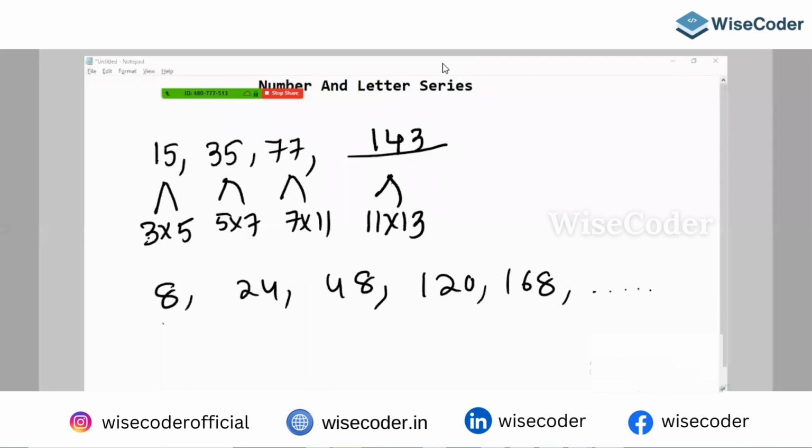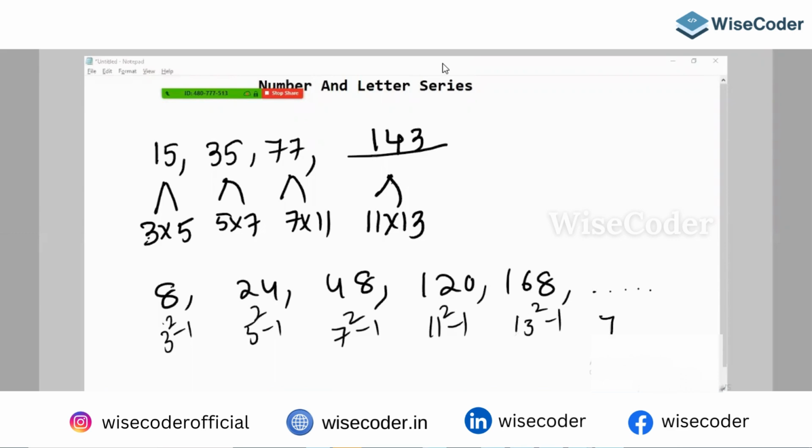Look here, guys. 3 square is 9, minus 1 is 8. This is 5 square minus 1. This is 7 square minus 1. This is 11 square minus 1. This is 13 square minus 1.